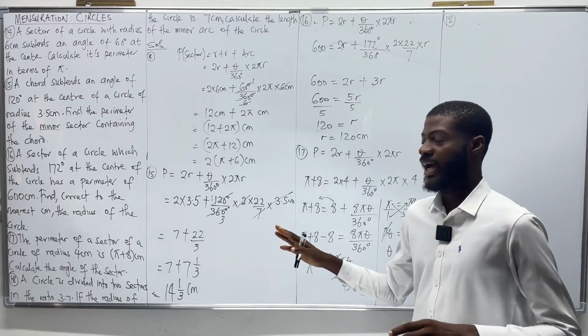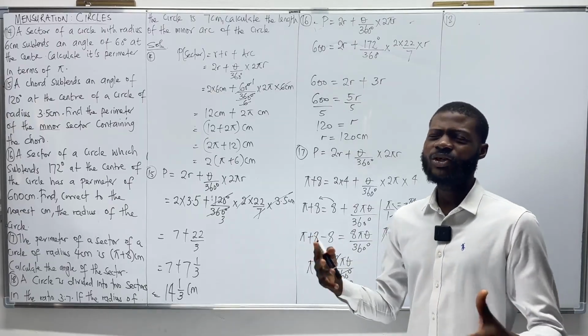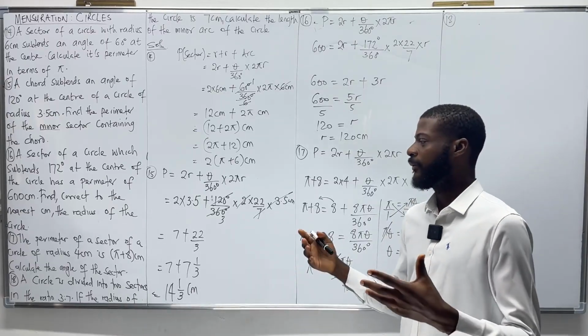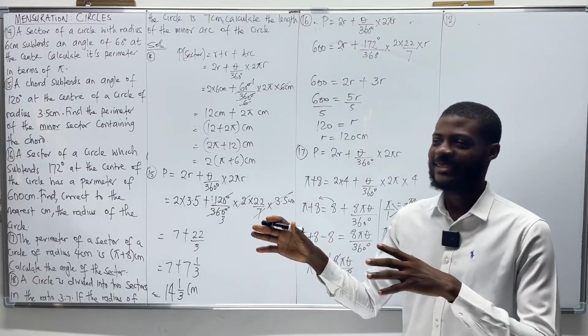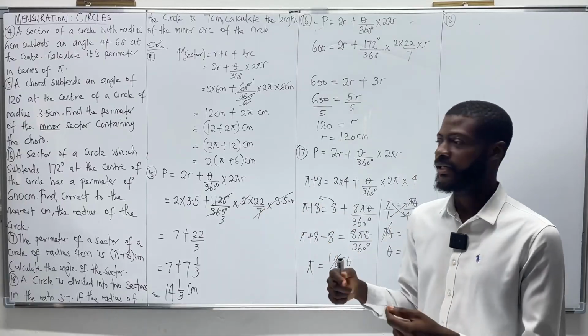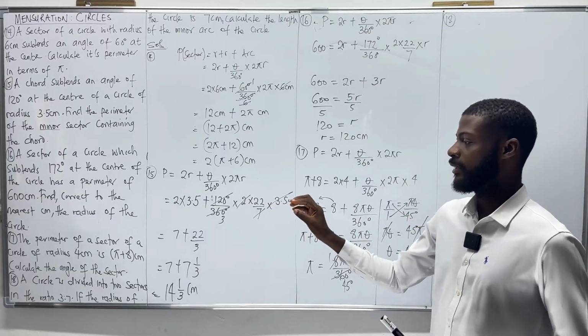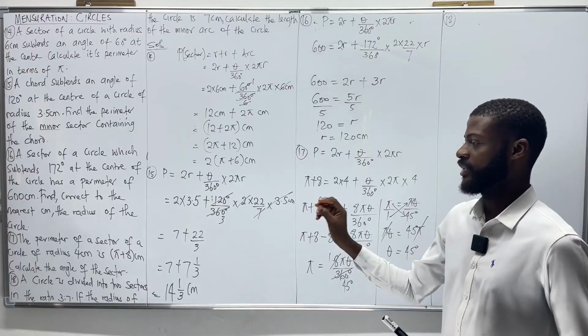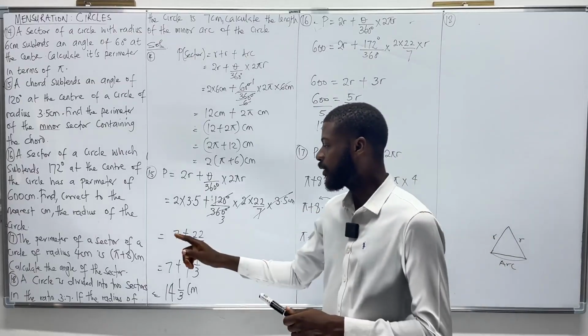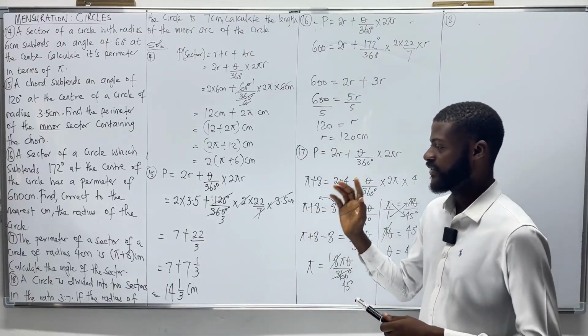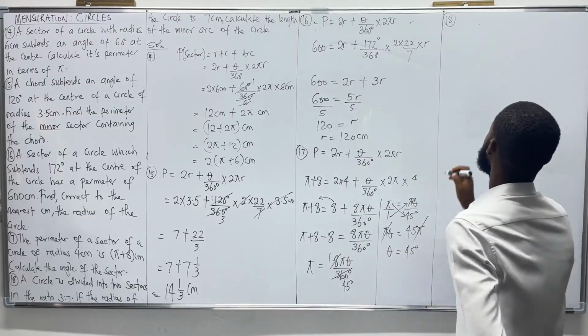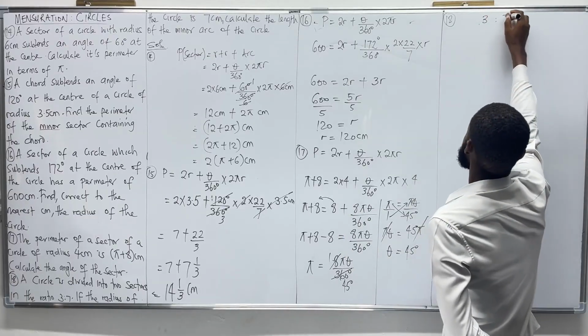Now, this very question is supposed to be in arc, but I think I didn't write it there, so I made a mistake. I was supposed to write it here. But first, let me explain how to use this information. So a circle is divided into 2 sectors in the ratio 3 is to 7. So our ratio is 3 is to 7.